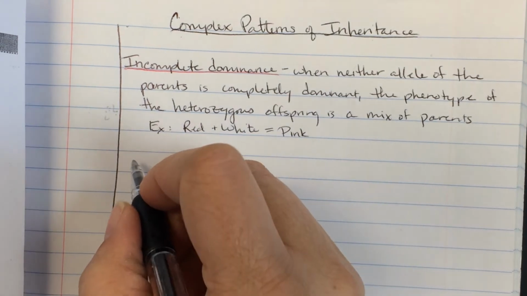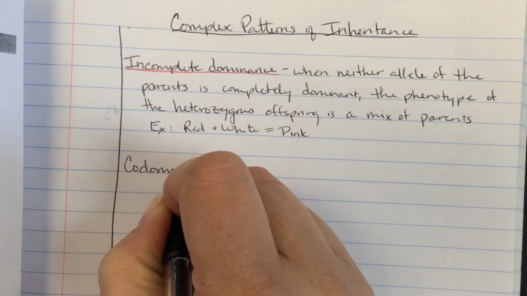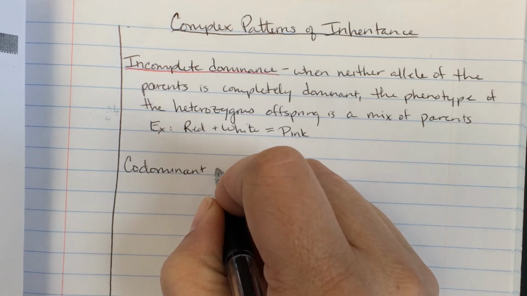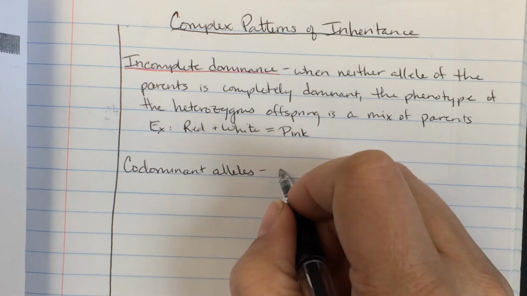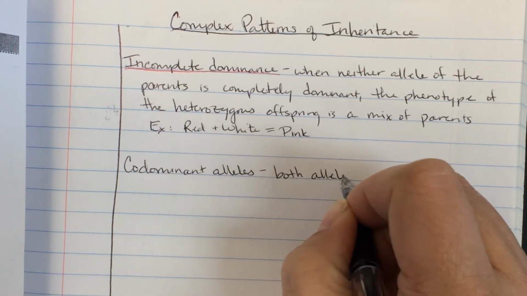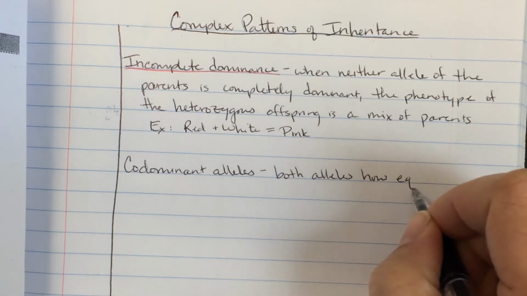Another type that we can get is codominance. Codominant alleles, this is when both alleles show equally.